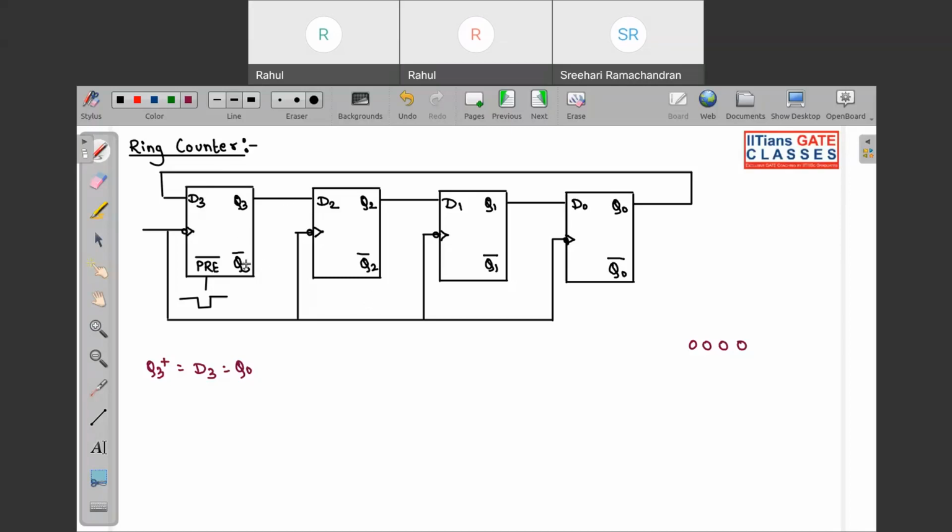So in a ring counter, basically all the flip-flops are initially reset, and this is a kind of SISO register, serial in, serial out, shift register.